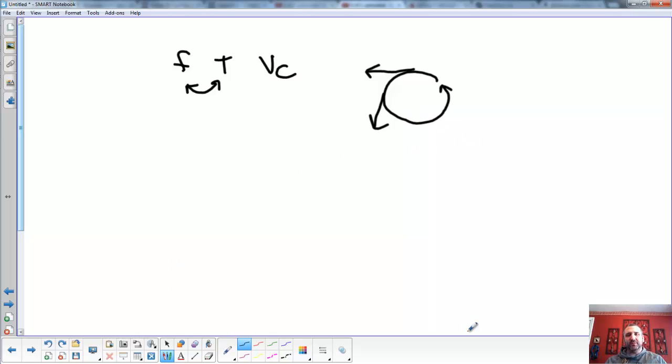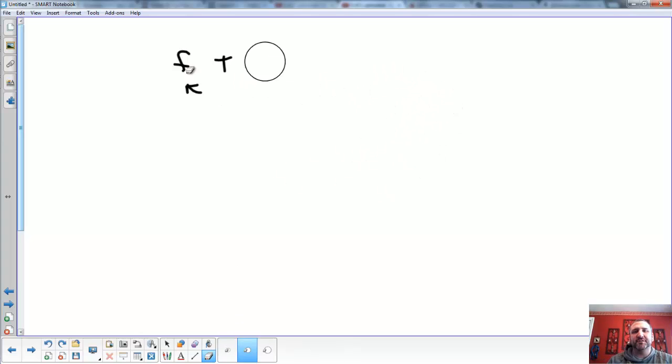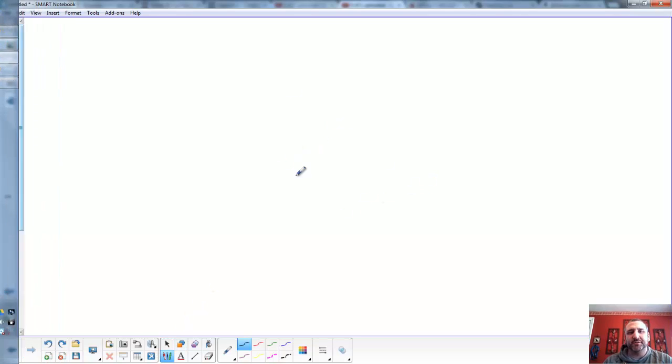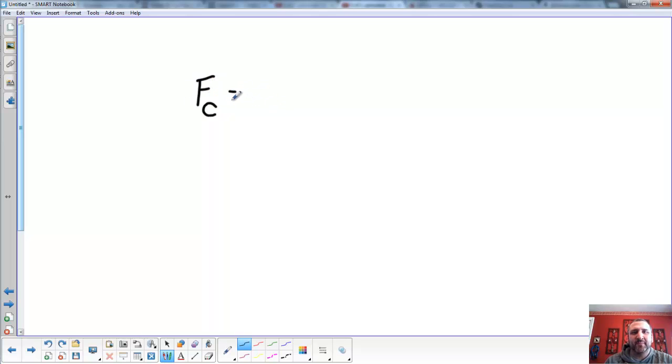So those two concepts are, I hope, easy enough for us to understand. But this third concept is really what makes the object go around in circles, and that is the centripetal force, or Fc.